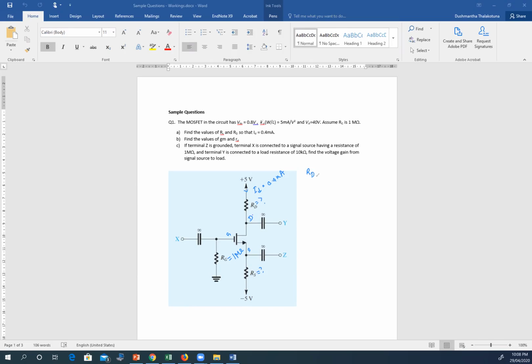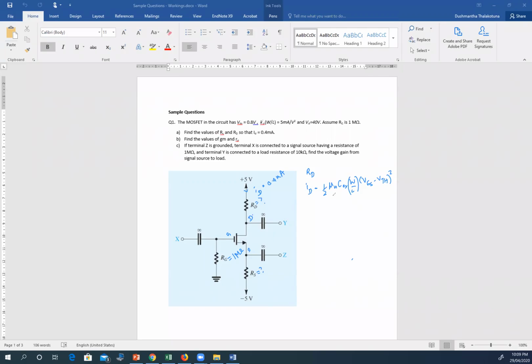So I know a formula, so I think the right way to write the current ID is, let's say, ID is given by half mu n Cox W over L, VGS minus VTH squared.